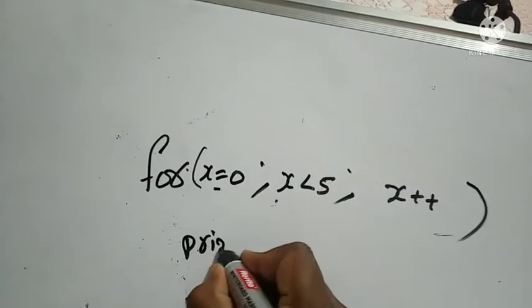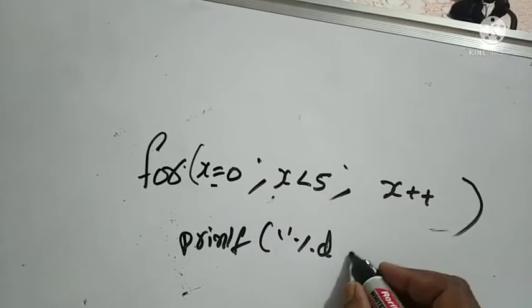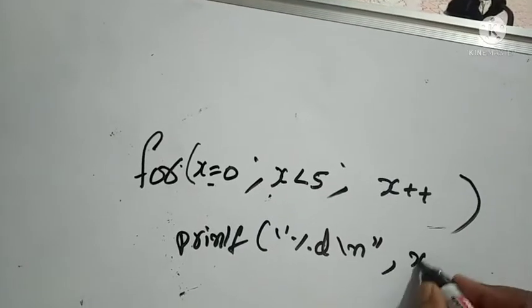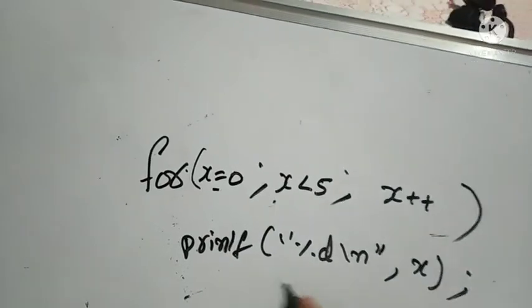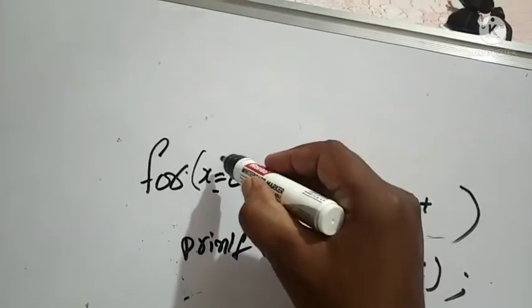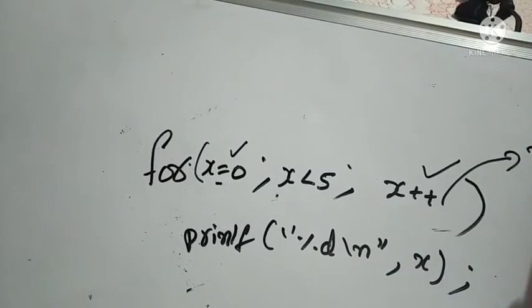Next I am using printf("%d\n", x). So now what happens? Every time, all three operations, that is initialization, increment and condition check, are done. x++ is nothing but x = x + 1.